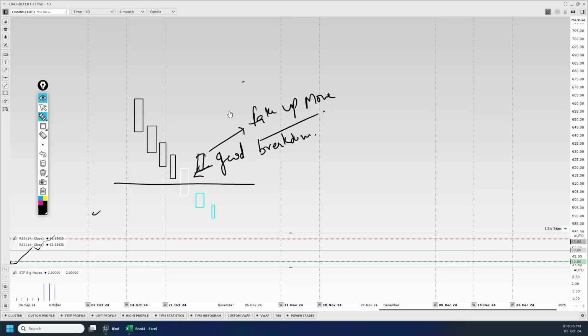Right? What I'm talking about? You might, because this is a new concept for many of you. So that might be a fake up move. And then if it is breaking down, it can be a very real move, a real breakdown, something like that. So this way you can figure out what kind of candle formation is happening.